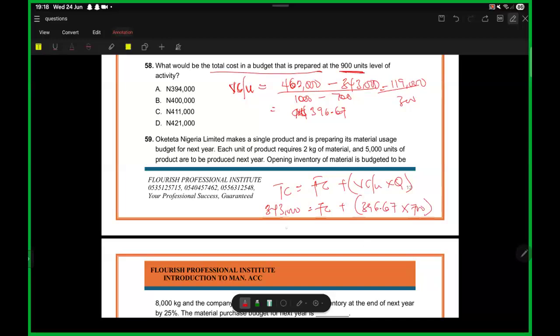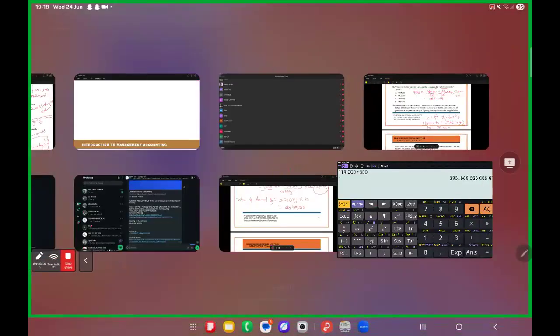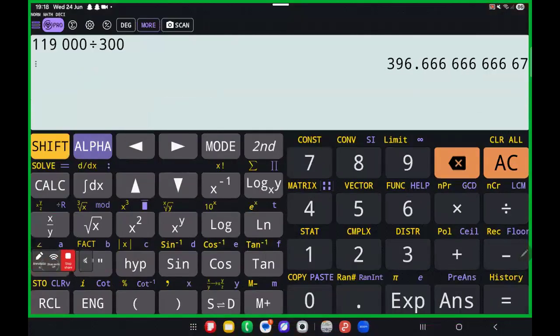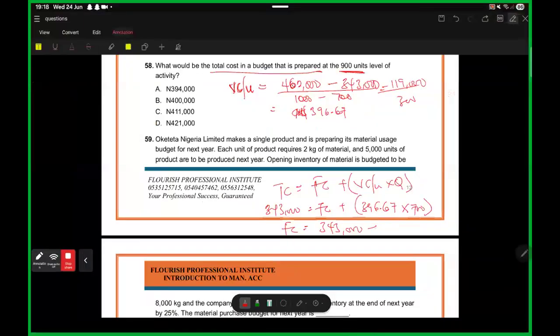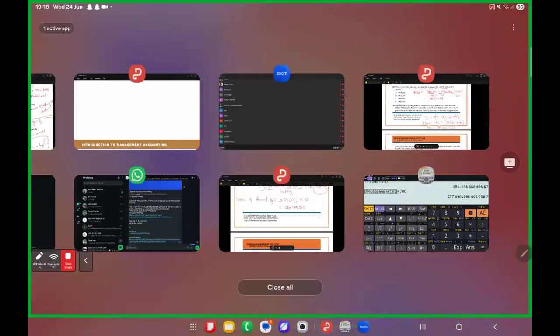Guys, let's do that and see. Fixed cost is equal to 343,000 minus the sum of this. So let me see. Answer times 700. I am getting 277,666.67.